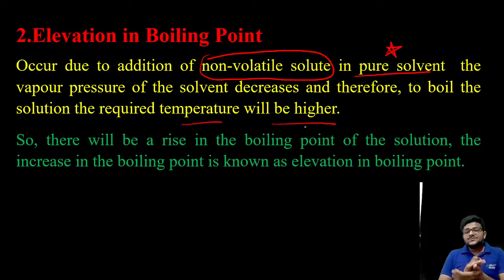Suppose that before the addition of the non-volatile solute, our solvent boils at 90 degrees Celsius, but we add a non-volatile solute. After we add it, the vapor pressure of that solvent gets decreased, which leads to an increase in the boiling point, and that increase in boiling point is termed elevation in boiling point.